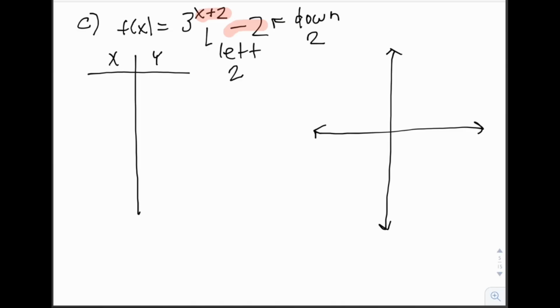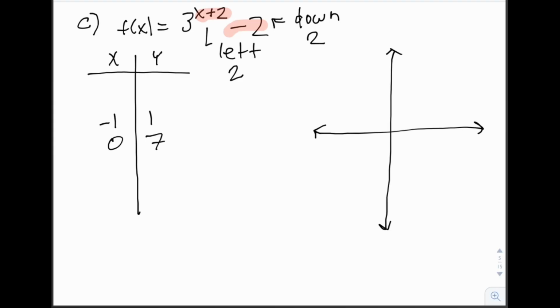So let's try to plot some points given this new information. If I plug in a 0, that gets me 3 raised to the 0 plus 2, or 3 raised to the 2, which is 9, and then minus 2 gives me a 7. Now if I pick a negative 1, this will get me 3 raised to the negative 1 plus 2, or 3, minus 2.